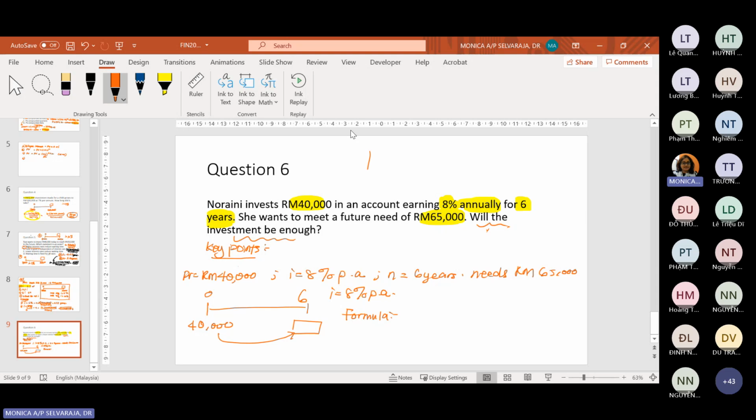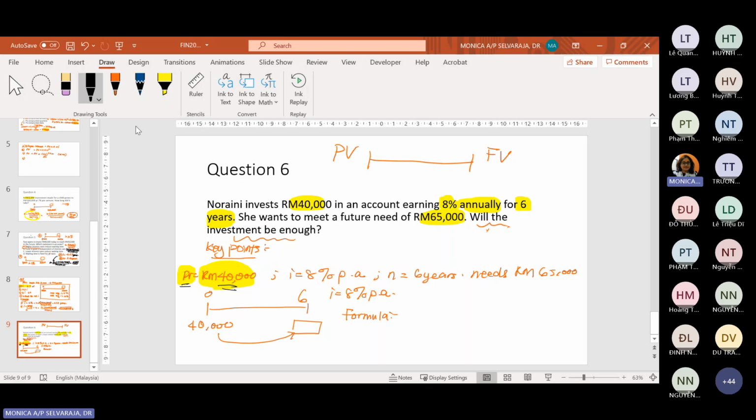Okay, in the timeline, right? This is present, this is future. So now in present, you are putting in, I already told you, 40,000.